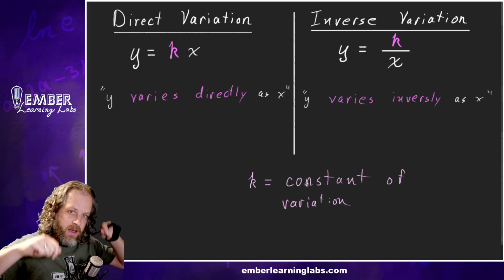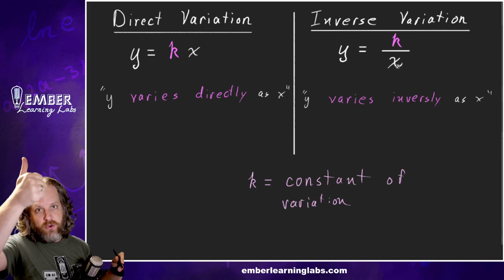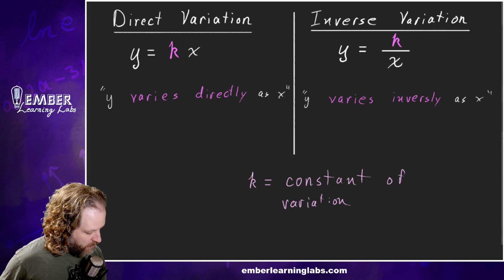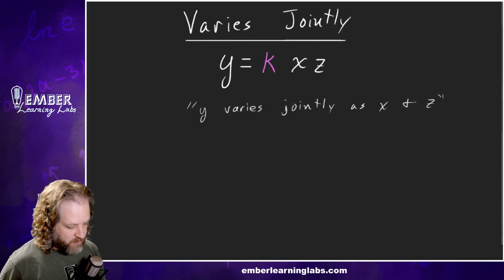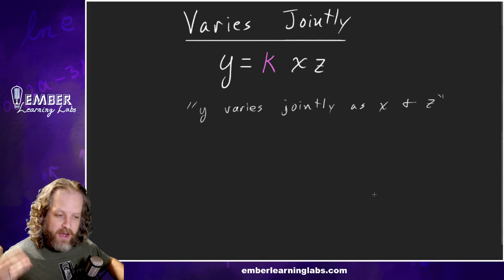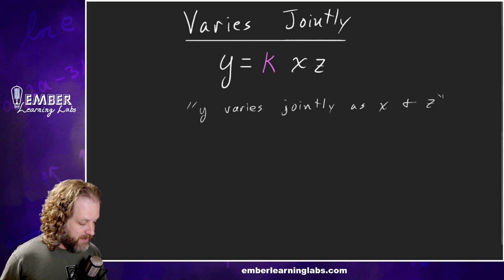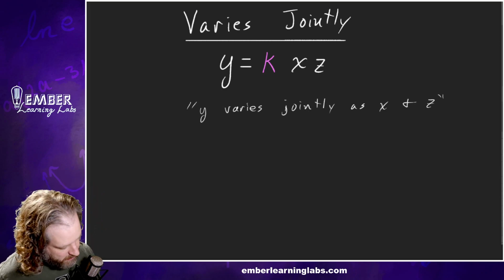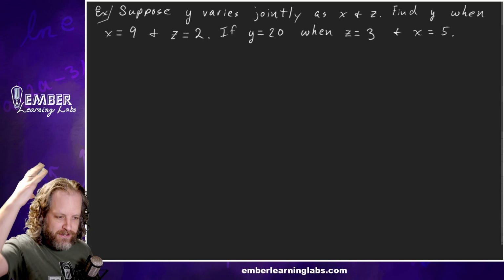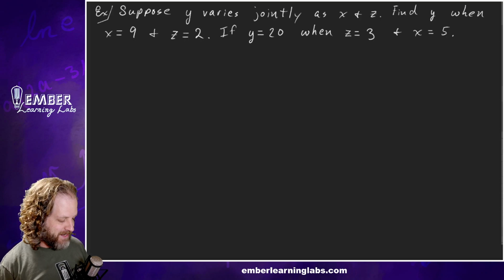As the one goes up, the other one goes up. And on the inverse, as one gets bigger, the other one gets smaller, or vice versa. That's what's happening. So back to this joint variation. As either one of these goes up, y goes up, right? As y goes down, at least one of these goes down, right?